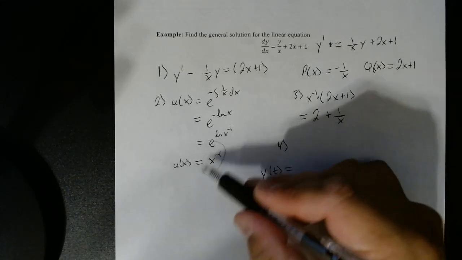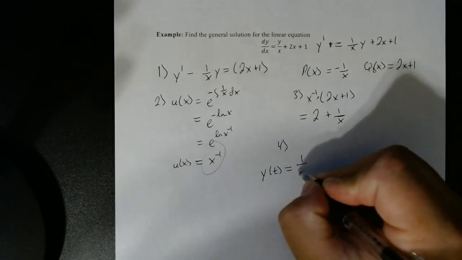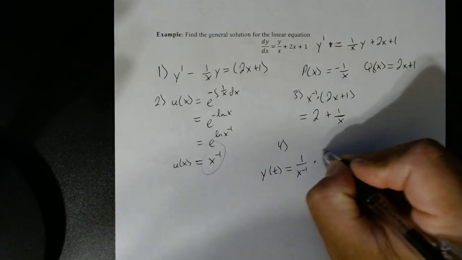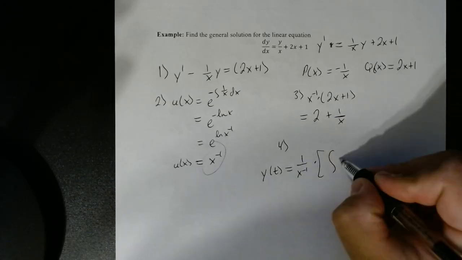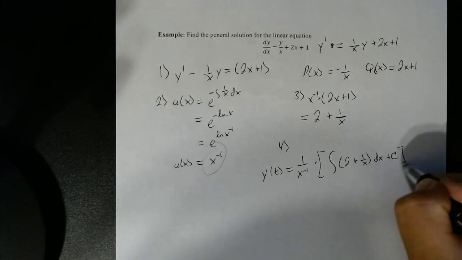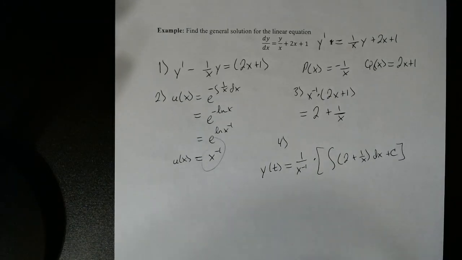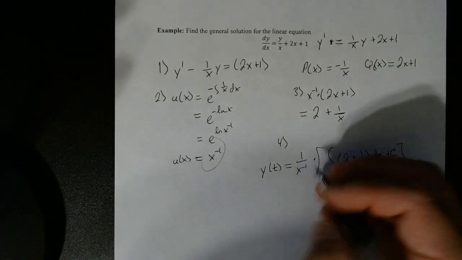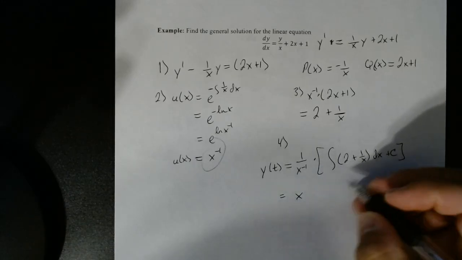And then finally, our general solution will be 1 over this integrating factor times the integral of that plus c. Okay, so this nicely ends up just going upwards because a negative becomes a positive.